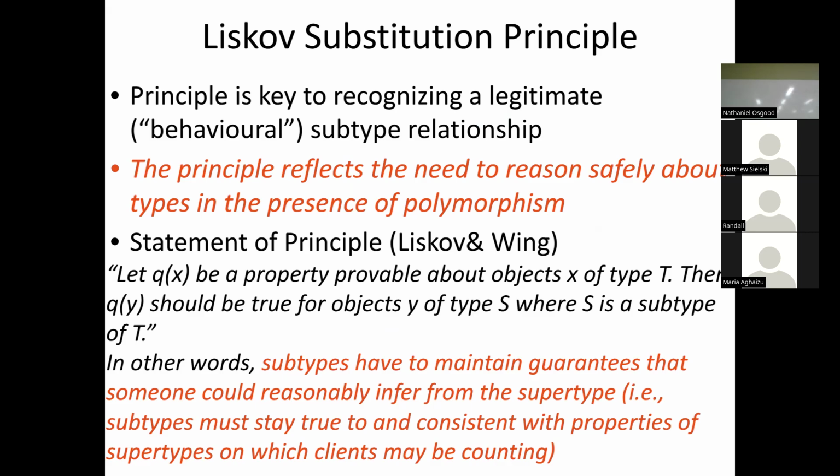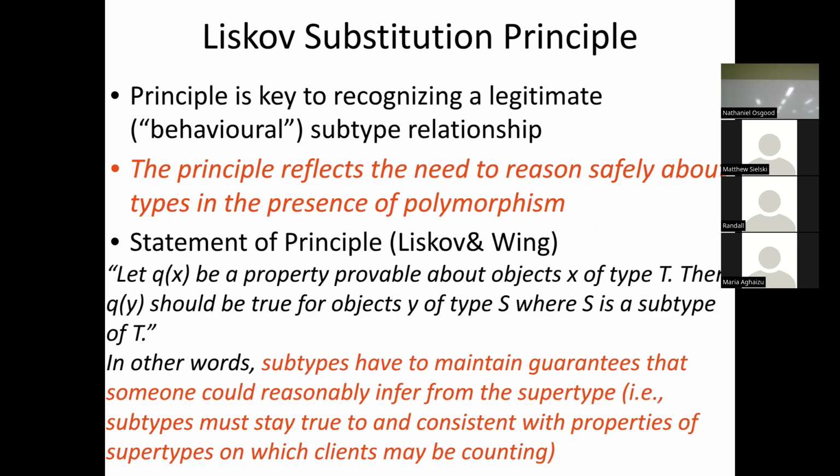The statement of principle is due to Barbara Liskov, one of my former professors, I'll note, who taught me, as well as Jeanette Wing, who was her doctoral student and later became the faculty chair for the computer science department at Carnegie Mellon. And the statement of the principle goes as follows.